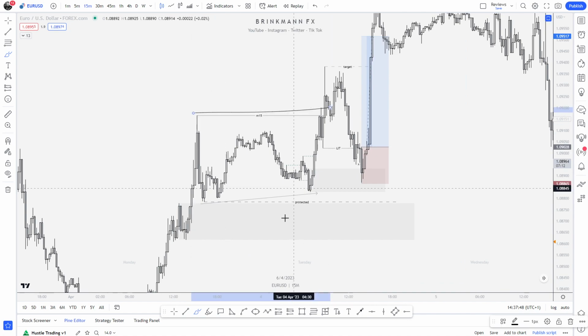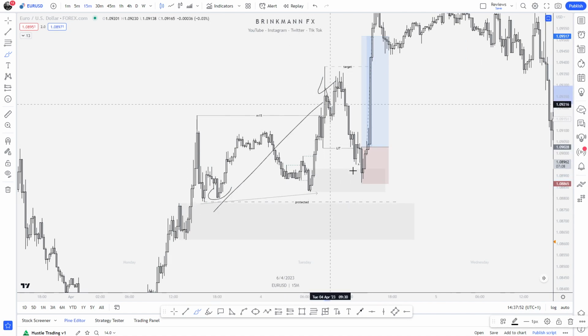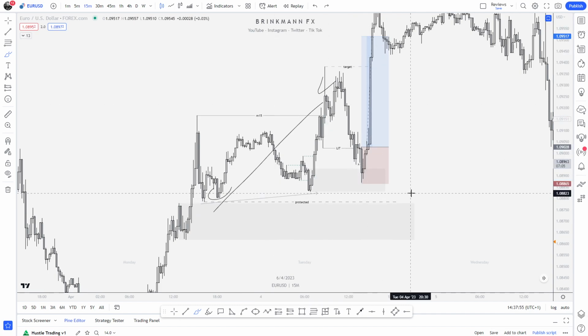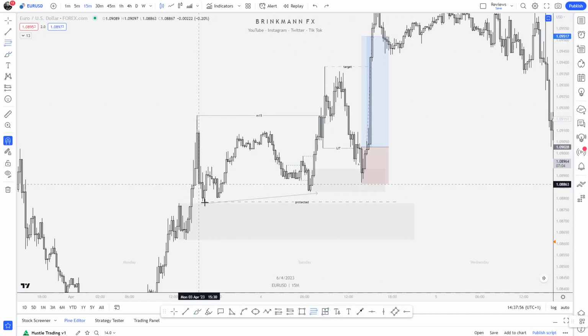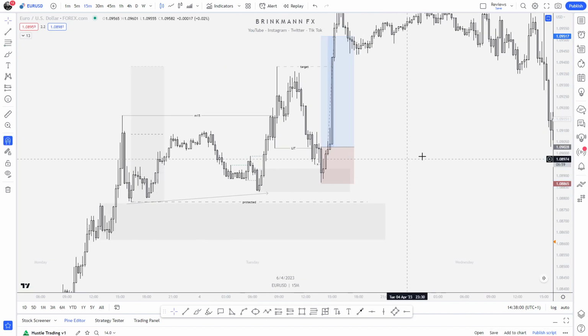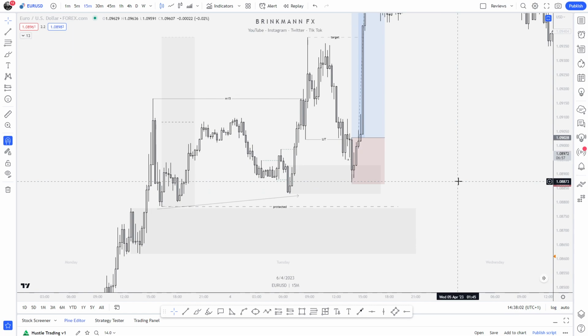So following this breaker structure, this becomes protected, this becomes weak, and the expectation is to see a new higher low before bullish continuation. So all we're doing is mapping out premium and discount and identifying demand levels in this case for price to potentially play. As I said before, one of my main confluences behind a POI is a disrupted range, which is a range that has taken liquidity on both sides.